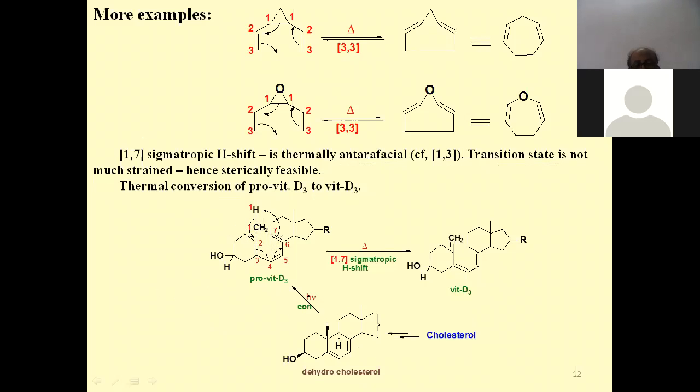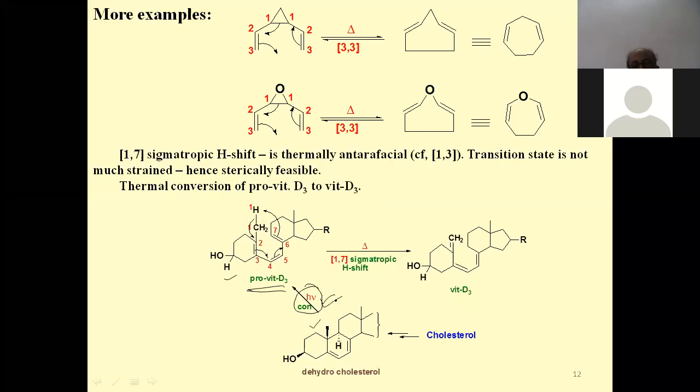This is possible only with the photochemical conversion of this molecule to this one. That is called provitamin D3. That is why you may know that for vitamin D you require sunlight. Why sunlight? This is the reason.